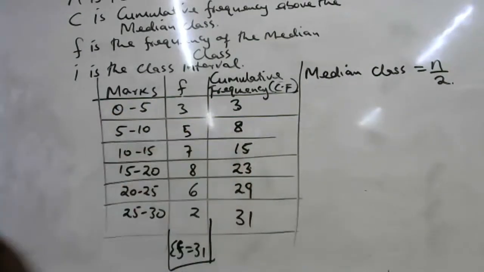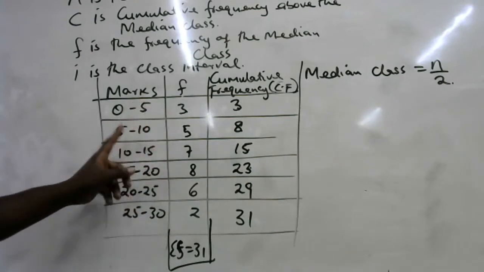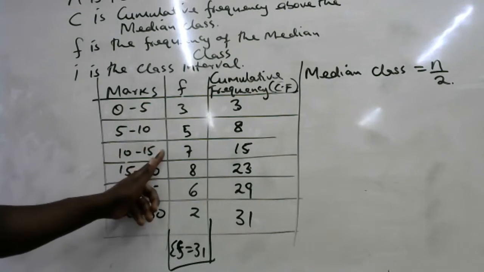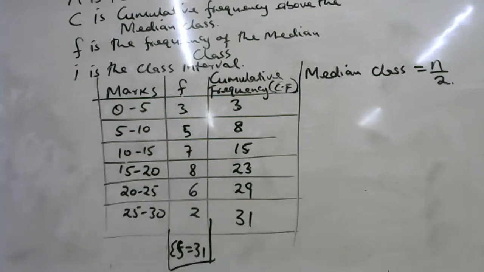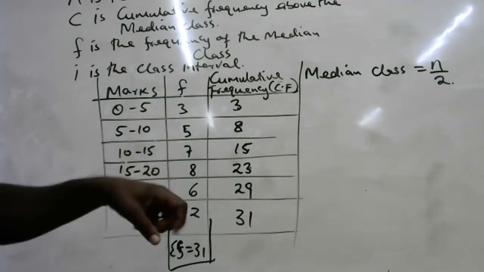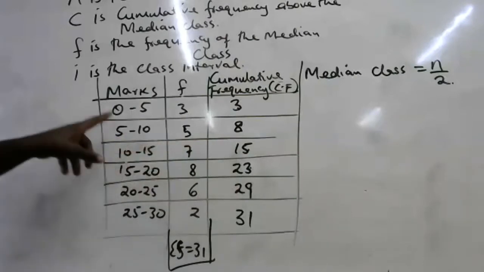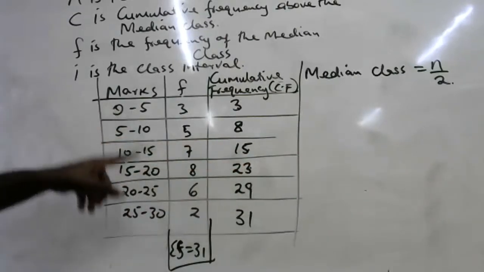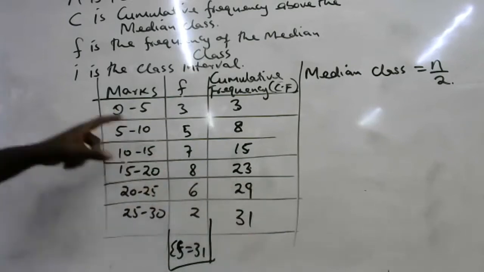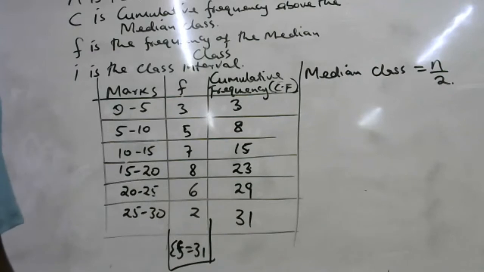When we talk about this 15, we mean those who scored 0 to 5, 5 to 10, and 10 to 15. So it is this plus this plus this. That is where we get 15 from. Those who scored 0 to 20 are this. 0 to 25, they are 29. 0 to the highest mark, that is 31 students.